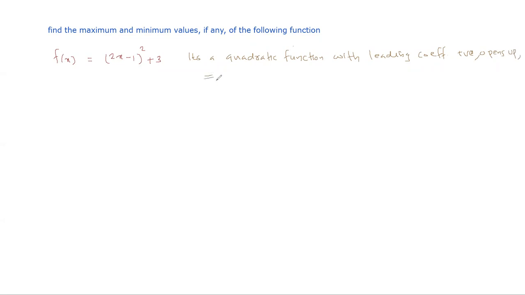That means f of x will have a minimum value but no maximum value, क्योंकि parabola opens up है तो like ऐसे होगा.